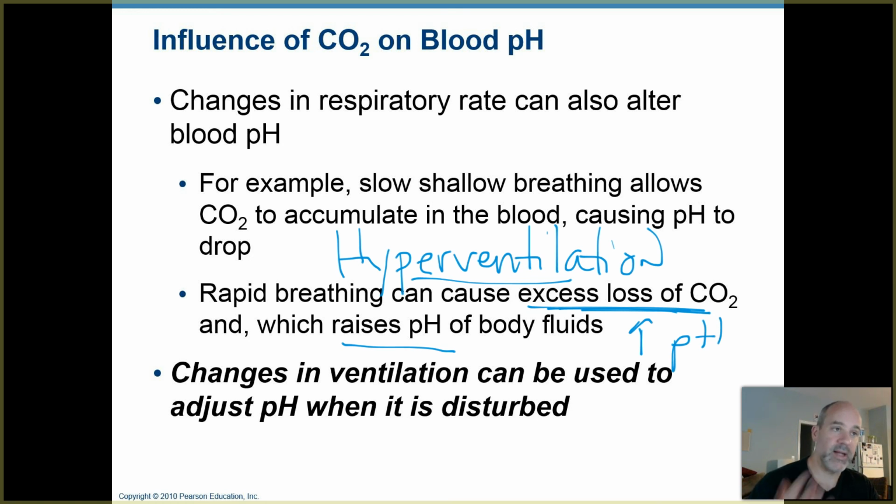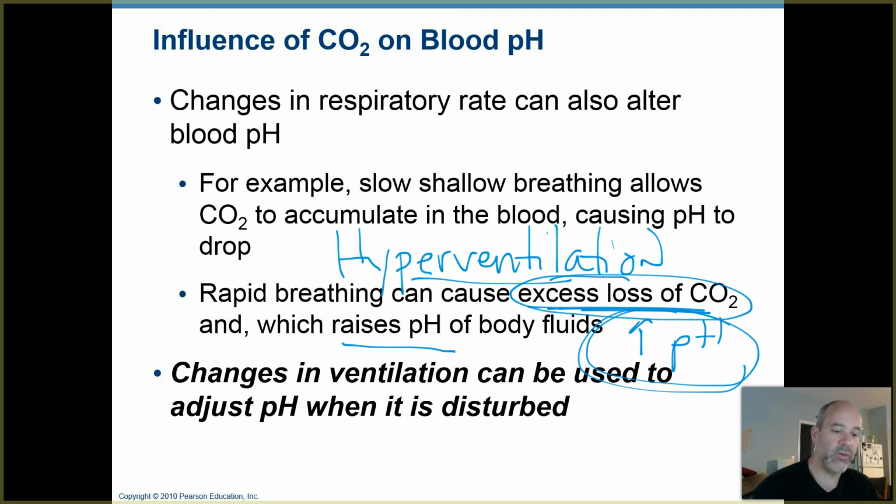The problem is not taking in too much oxygen gas. The problem is this: when you hyperventilate, and ventilation is another term for breathing, you're exhaling too much CO2, and that causes the pH of your body fluids to go up. Maintaining proper CO2 levels in your body fluids is extremely important to your pH homeostasis.